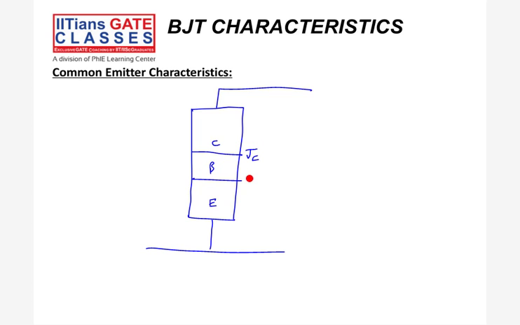Here we have JC, here we have JE, and this is VCE, and here we have IB, and we have VBE with plus and minus. The emitter is common for input and for output.